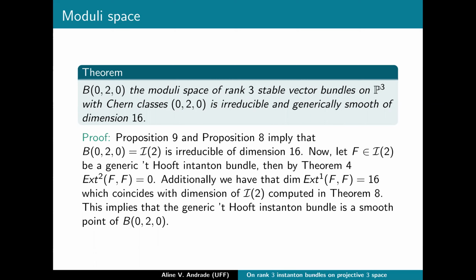Given a point on the family, a generic 't Hooft instanton bundle, we know that x2 is equal to 0. Additionally, the dimension is 16, which coincides with the dimension of y2 computed in the previous theorem. So this implies that the generic 't Hooft instanton bundle is a smooth point on B(0,2,0).